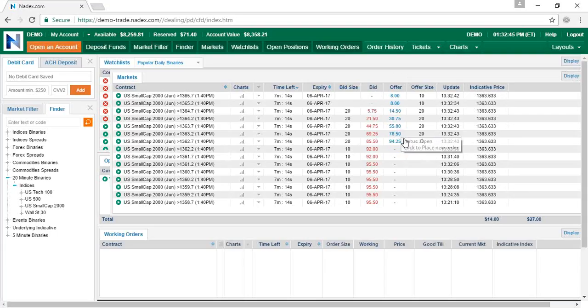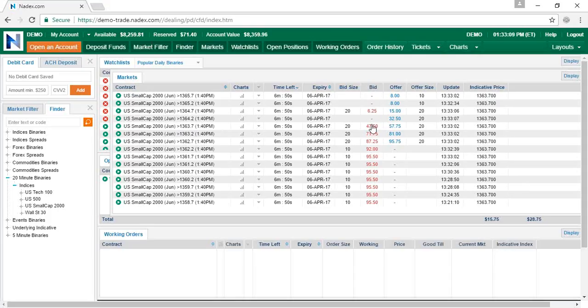Well, because at expiration, a binary is worth what? 0 or 100. What's right in the middle between 0 and 100? 50, right? So when the strike, 63.7, is right close to where the current indicative is, 63.7, between the buy and the sell, the middle ground is going to be what?